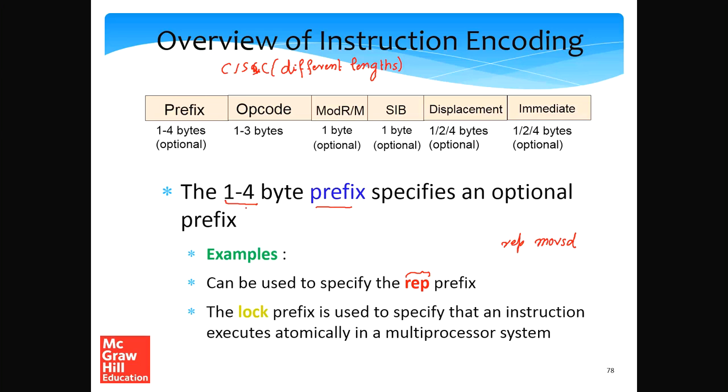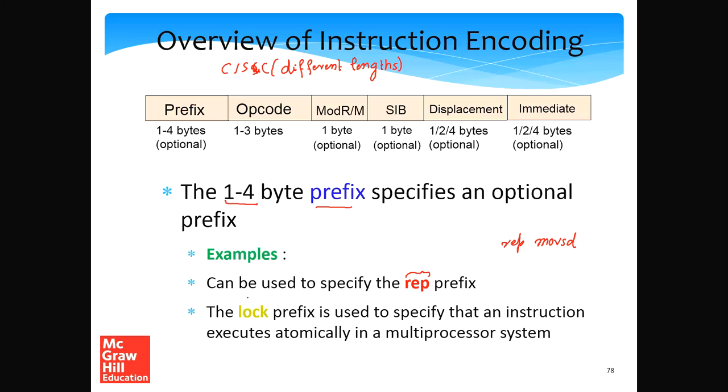Another commonly used prefix is the lock prefix, which is used to specify that an instruction will execute atomically in a multiprocessor system. We'll discuss more about this in chapter 11. What I mean by atomically is that it executes as if it's executing in an instant, so nobody can see any intermediate state of the instruction's execution. In chapter 11 we will see it's far more complicated than that.